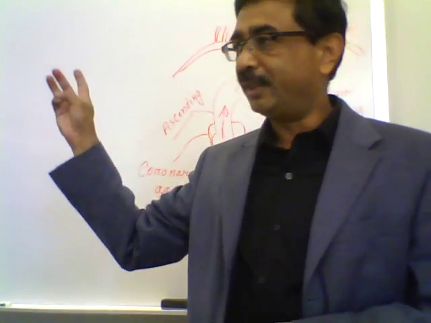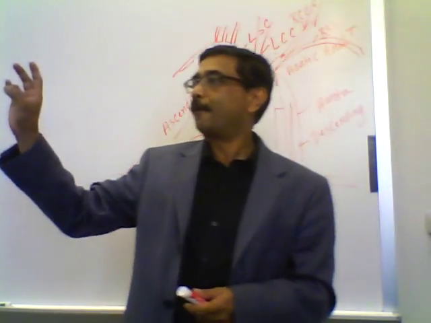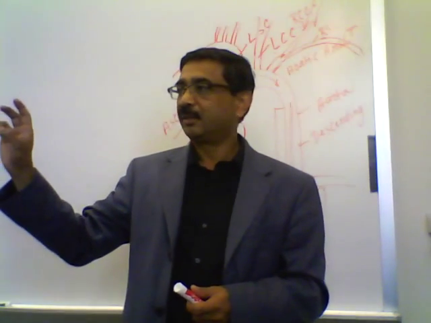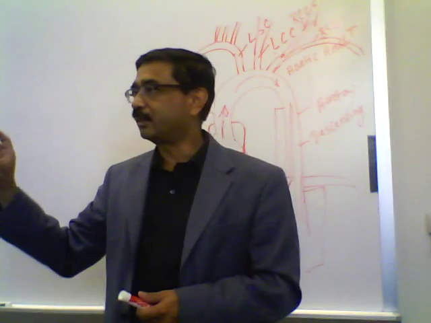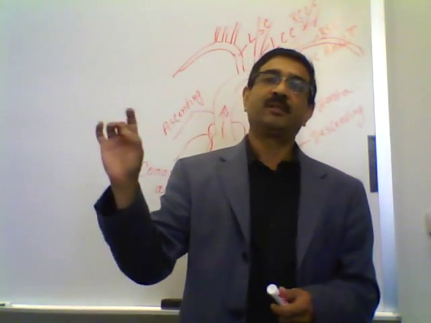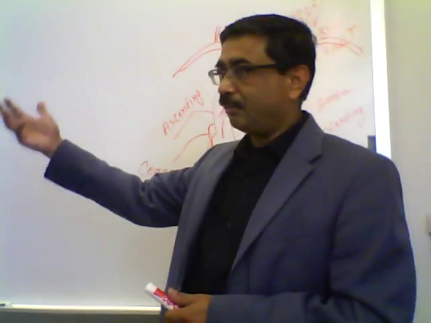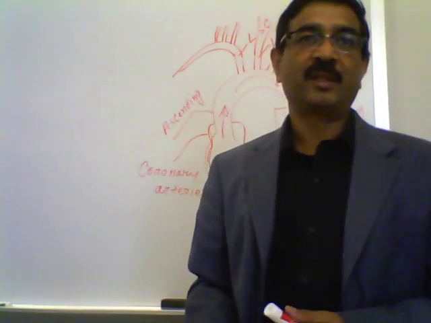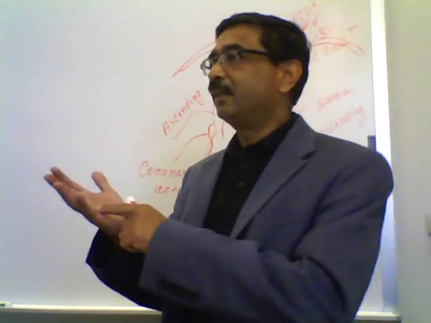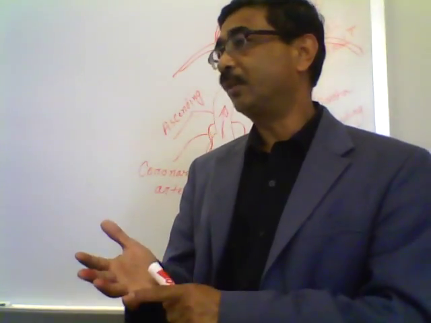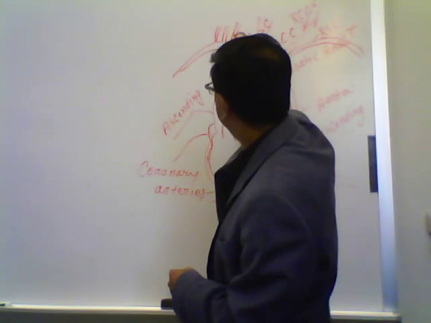I'll show you in next picture. One is thyrocervical trunk, costocervical trunk, and vertebral arteries. I'll come to those arteries later. Just I'm mentioning here thyrocervical, costocervical, and vertebral. Those three come from the subclavian.